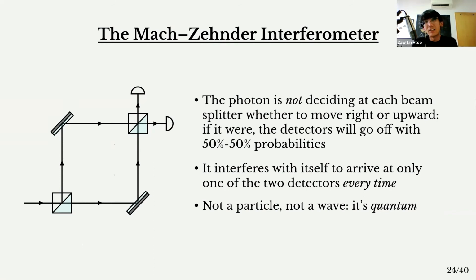But instead, you only find it in either path. So it is kind of like a particle, and it's also kind of like a wave, but it's neither of those. This is why quantum mechanics had to be introduced, because it is neither a particle nor a wave. It is a quantum object.